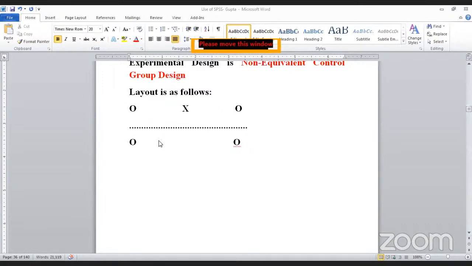There is nothing like O1, O2. If you say O1 and O2, what is important is that whatever tool you are using in case of O1, the same tool you must use in case of O2. And if it is not the same tool, at least it must be a parallel tool.